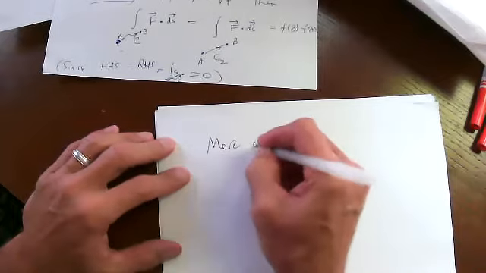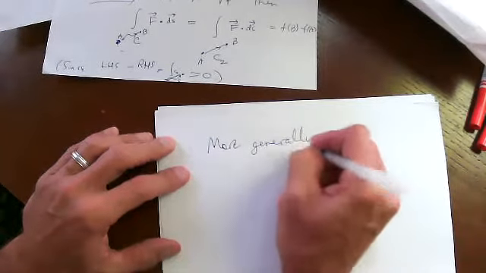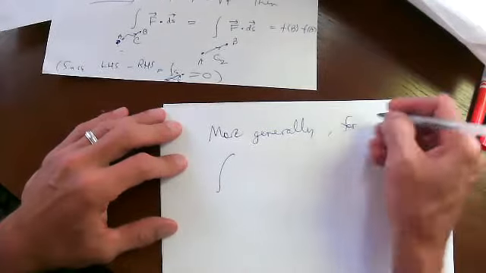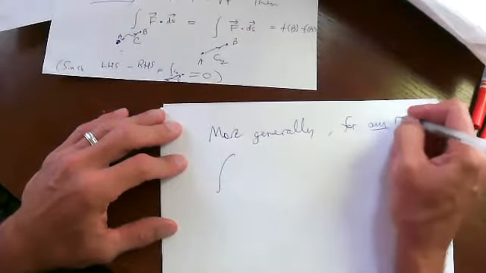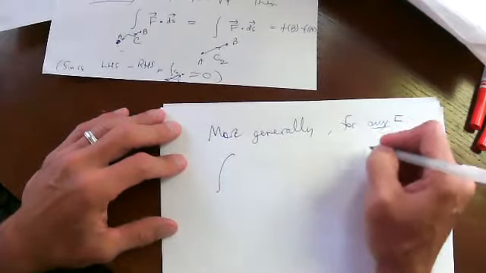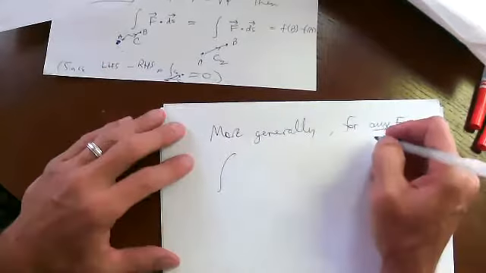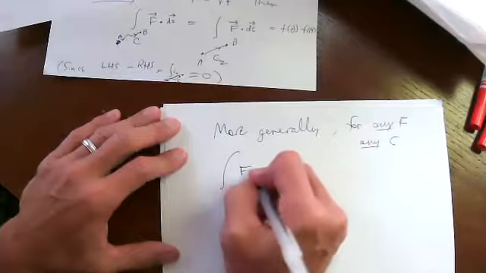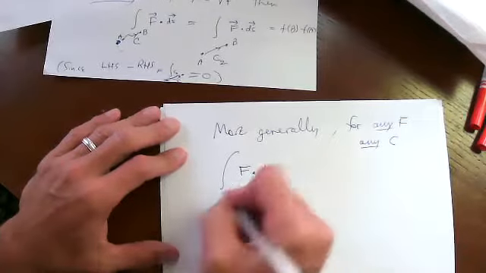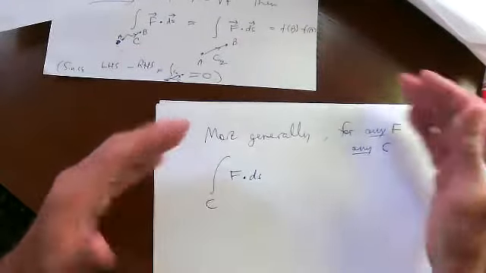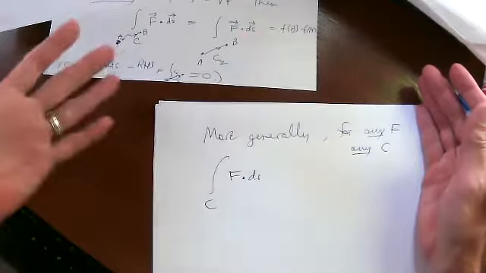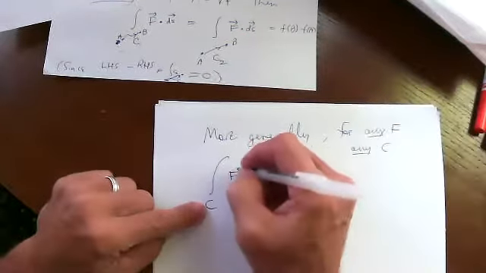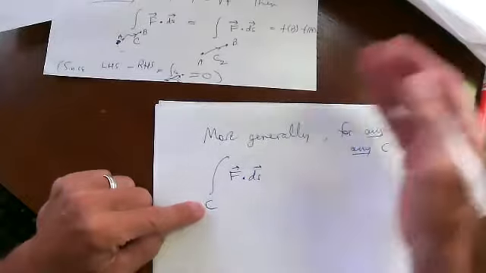More generally, anytime you take any vector field F and any curve C, and somebody says, hey, please compute this line integral for me. Well, with this generality, you can't expect anything too simple. You have been told how to compute these. You have to begin by parameterizing the curve and so on, and that's just a pain in the neck.